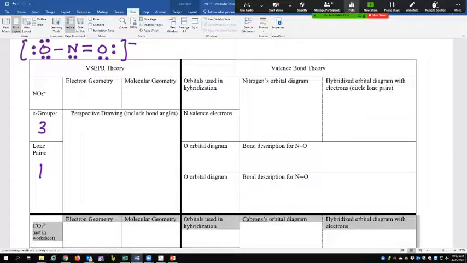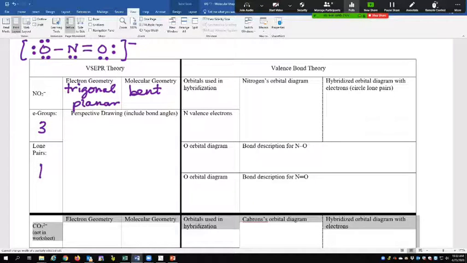It's trigonal planar. So 3 electron groups tells me trigonal planar. 1 lone pair tells me that one of those is invisible, and so the molecular geometry is going to be bent.